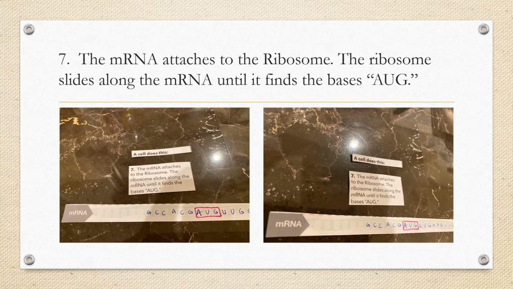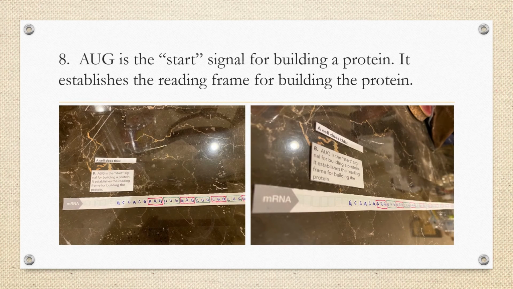The mRNA attaches to the ribosome. The ribosome slides along the mRNA until it finds the bases AUG. AUG is the start signal for building a protein. It establishes the reading frame for building the protein.